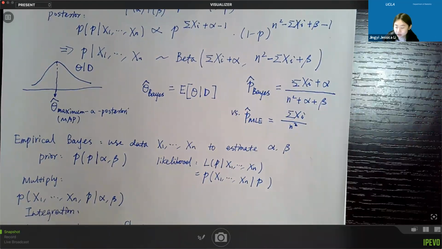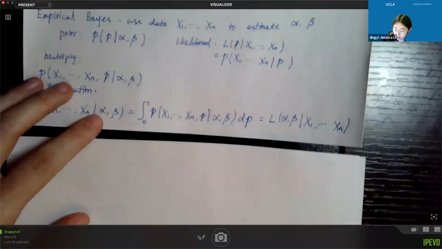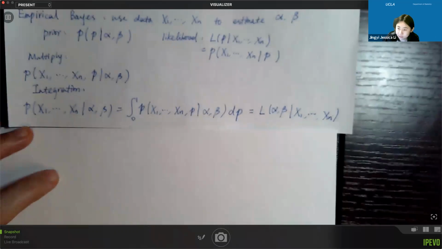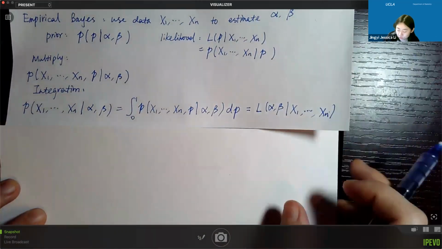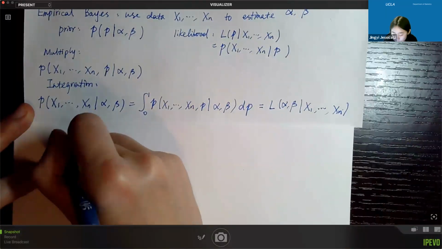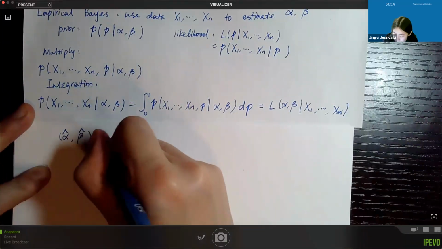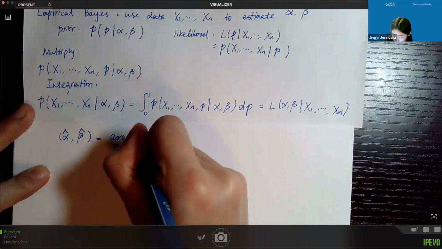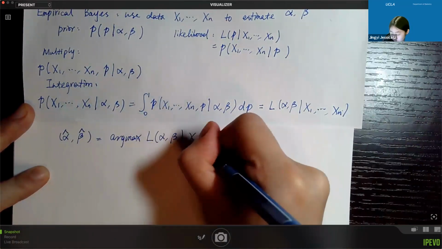Then the next step of empirical Bayes is to find the value of alpha and beta to maximize this likelihood, okay? The likelihood of these prior parameters. So what we do is that we try to find, we call this alpha hat, beta hat, by maximizing this L, alpha, beta, given my data.